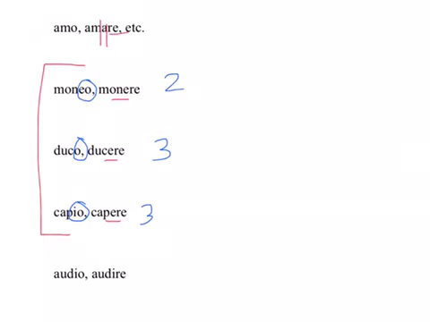The first conjugation is distinguished because it has an A before the -re in the second principal part. The next 3 conjugations all have E before the -re. You can tell them apart because the second conjugation has an -eo, the third has an -o, and the third -io has an -io.